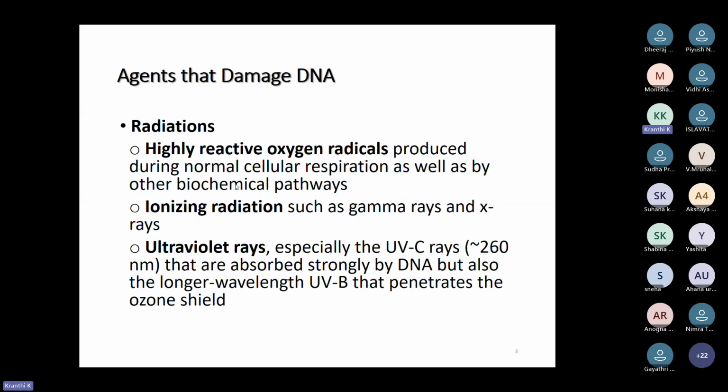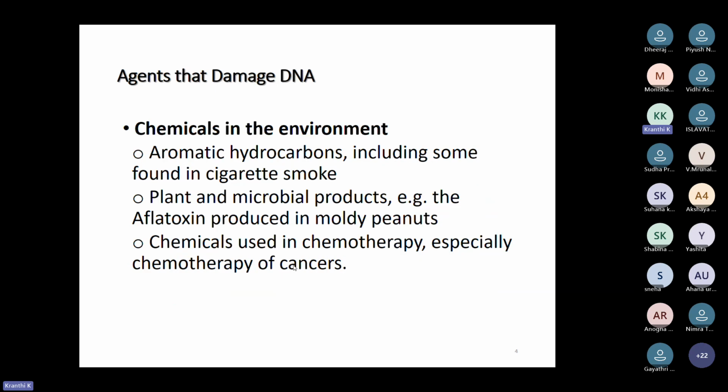Then ionizing radiation, that is gamma rays and X rays, and UV rays also cause DNA damage. Then coming to the chemicals: aromatic hydrocarbons, plant and microbial products, aflatoxins. Then the chemicals used in chemotherapy, especially to treat cancer.